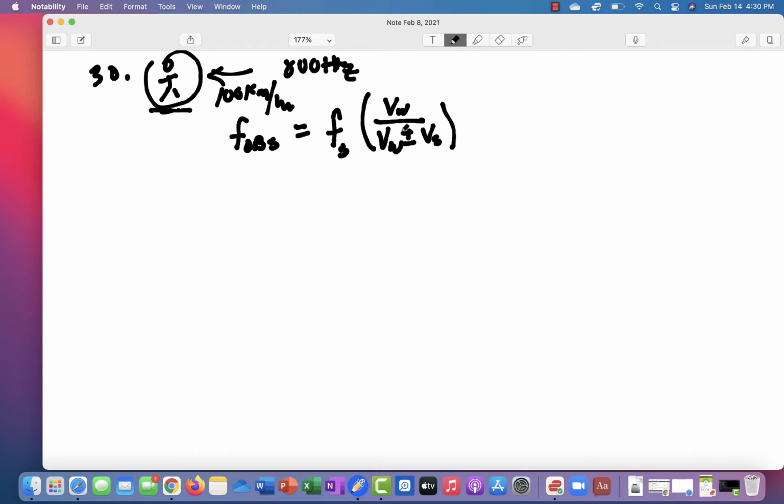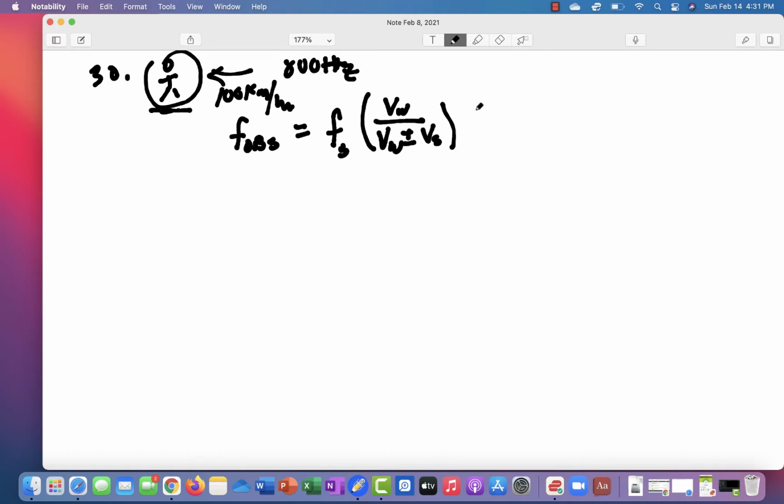Now, how do you know which velocity to use? If the object is moving toward, it's going to increase the frequency. Therefore, you'll use a minus sign because this is in the denominator. Conversely, if the source is moving away, it's going to decrease the frequency. Therefore, you use a plus because you want a bigger denominator.